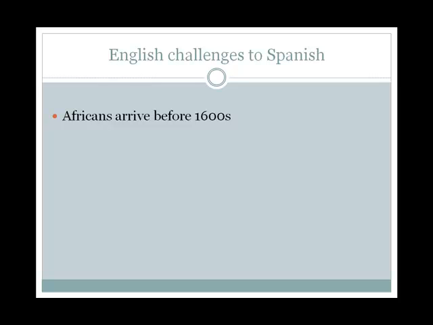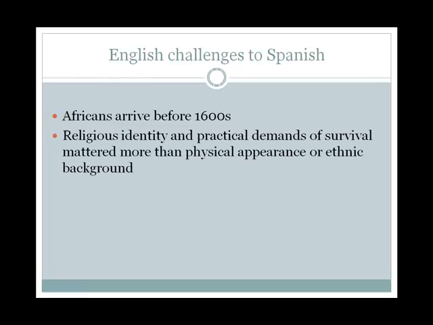They're traveling throughout the Southwest with Spanish explorers like Cabeza de Vaca. They are settling in Spanish colonies like St. Augustine. So they are already in North America before the 1600s. Religious identity and the practical demands of survival mattered more in these early colonial settlements than physical appearance or ethnic background.